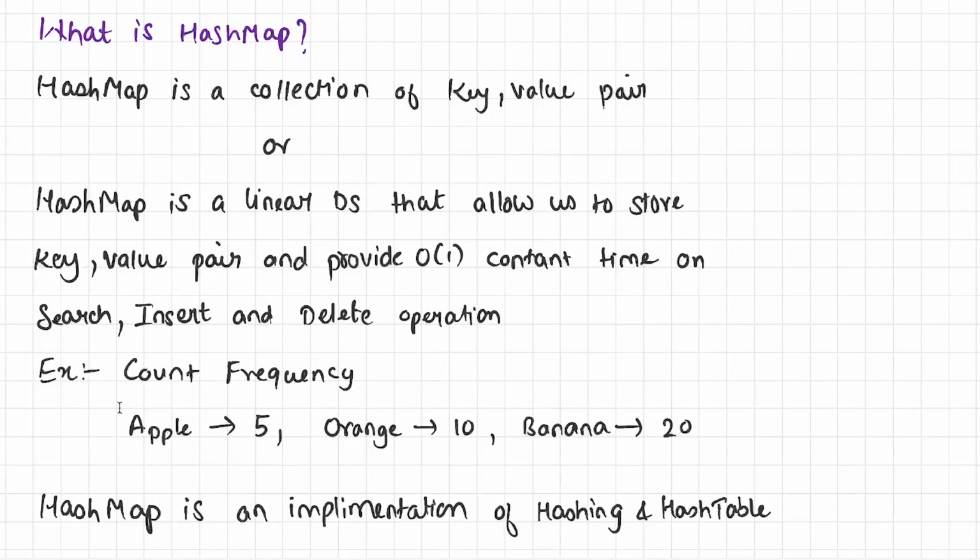So here apple is a key and 5 is a value. Orange is a key, 10 is a value. Banana is the key and 20 is the value. HashMap is basically designed to store such type of information which has key and value. And the cherry on the cake is you can search, insert, delete this information like key and value in Big O(1) constant time. Okay, so I hope this is clear to you.